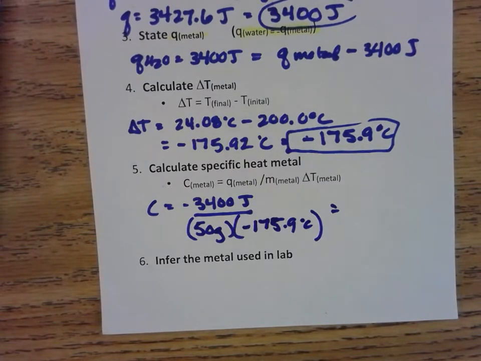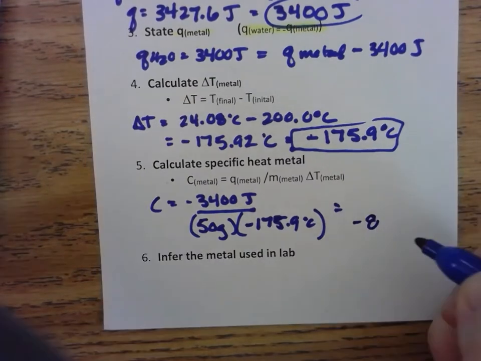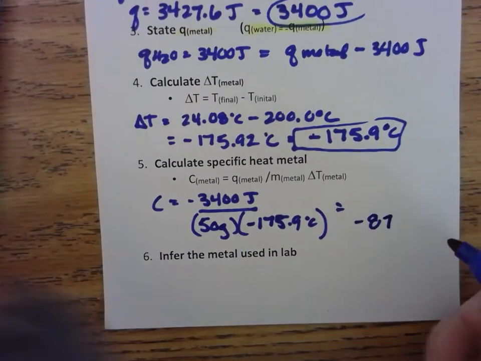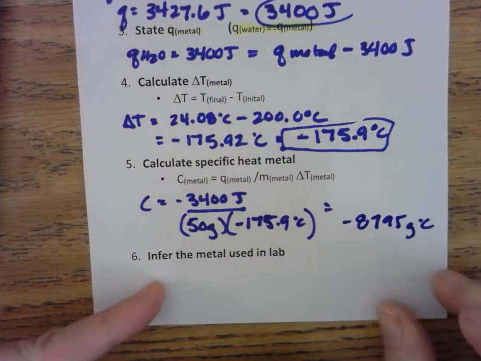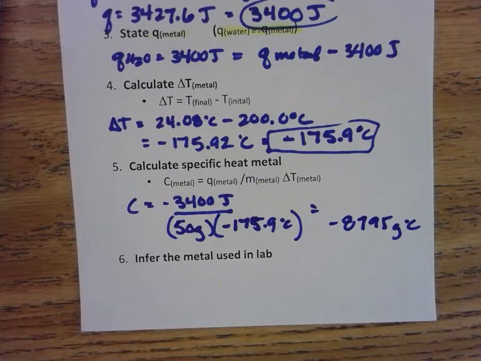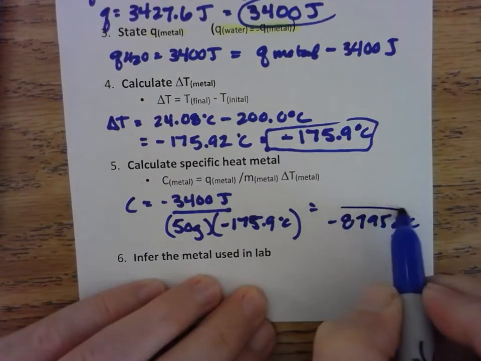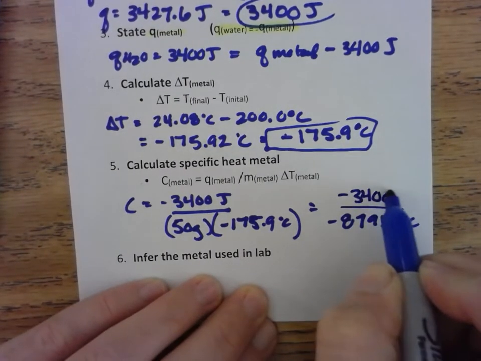So -3400, well, I'd probably do the multiplying first, times, on the bottom I'm getting 8795, that's grams degrees Celsius. -3400 joules.